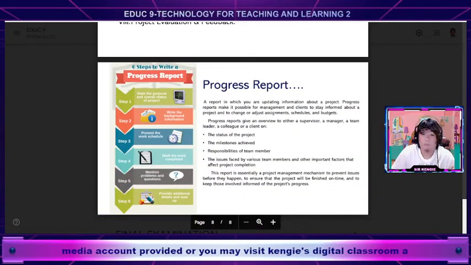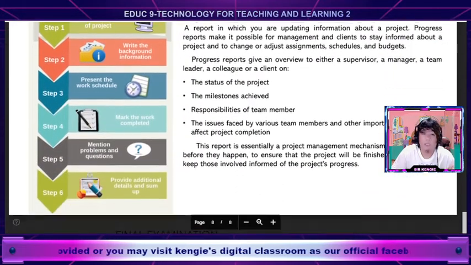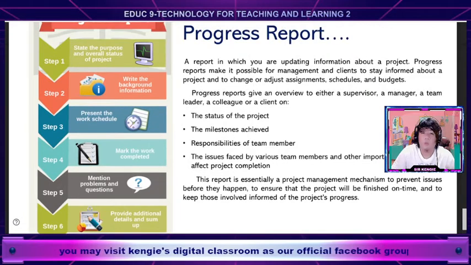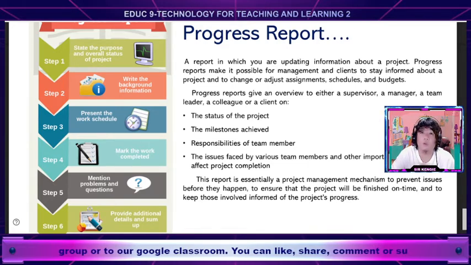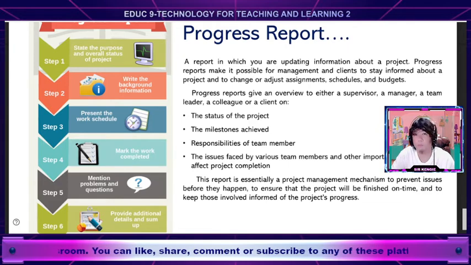So, since I mentioned these two materials, let us first discuss what a progress report is. Okay? When we say progress report, it is a report in which you are updating information about the project. So that's the rationale, the reason behind, since some of you are not cooperating. Okay? I told you several times to please identify your IM, because later on you're going to use that in the presentation of your progress report.